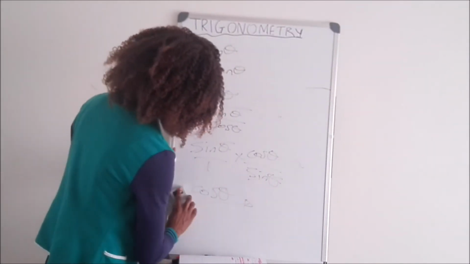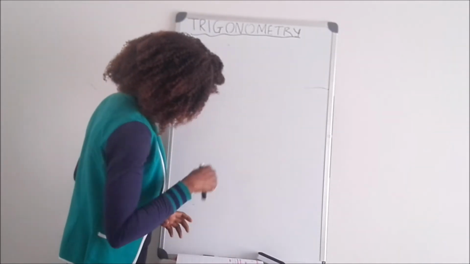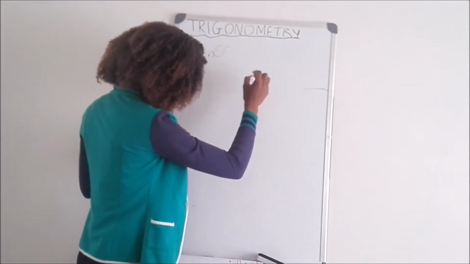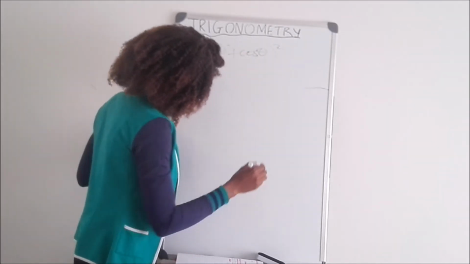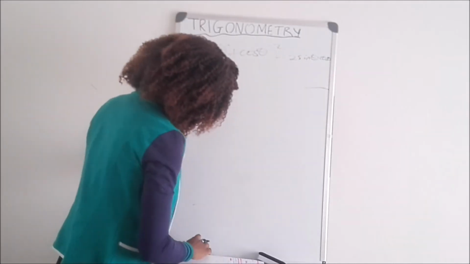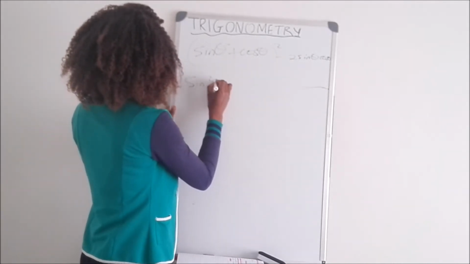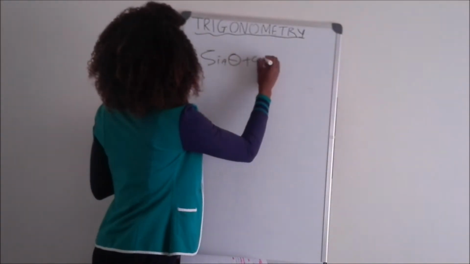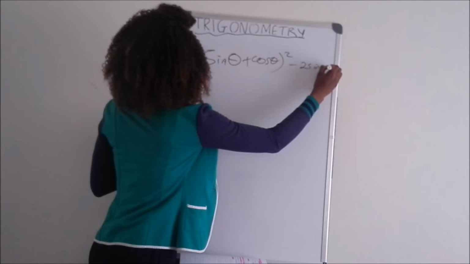Alright, let's do the last one, for the identities. It says determine the value of sine theta plus cos theta, all squared, minus 2 sine theta cos theta.